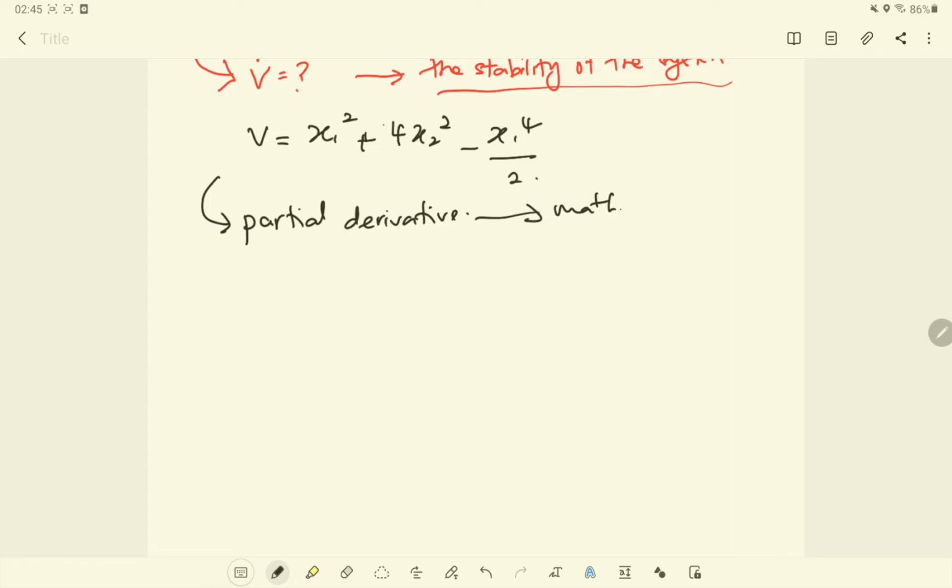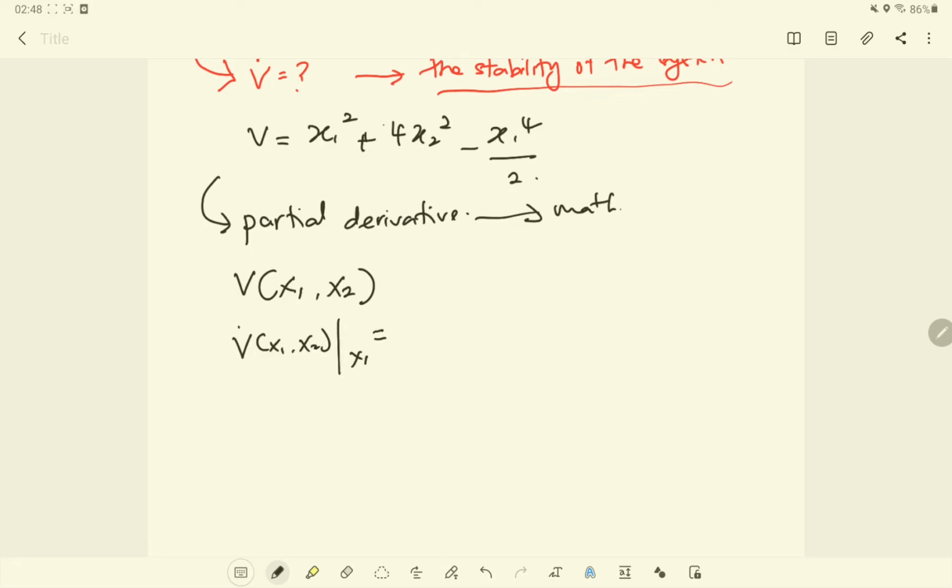Our Lyapunov function has two variables, V of x1 and x2. So we find V dot, on x1 first.